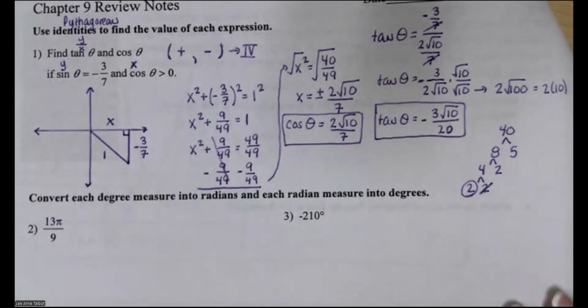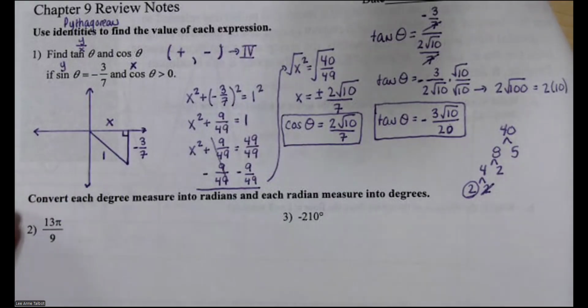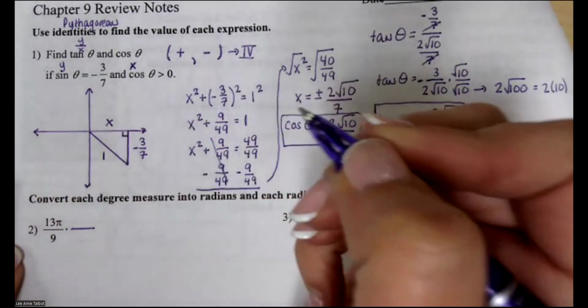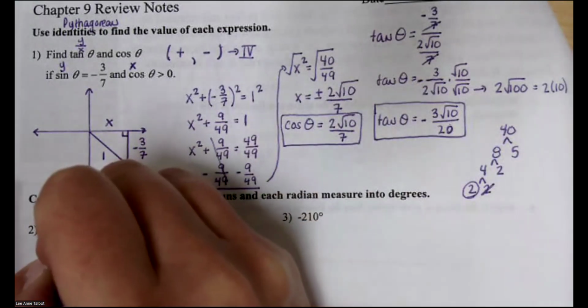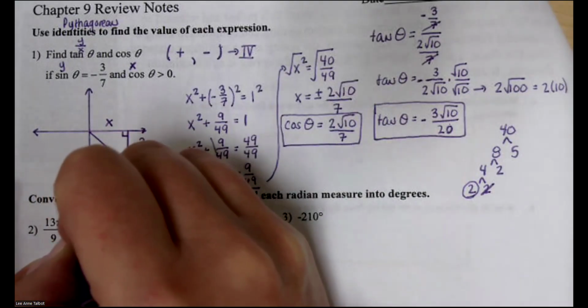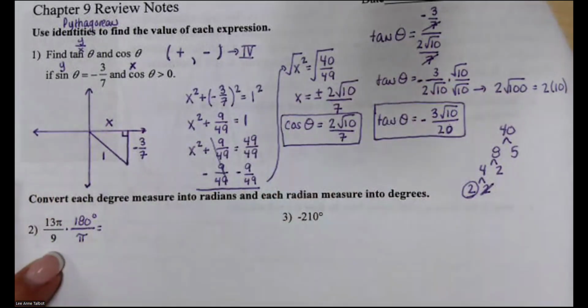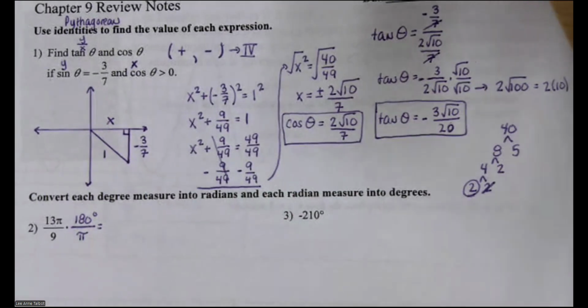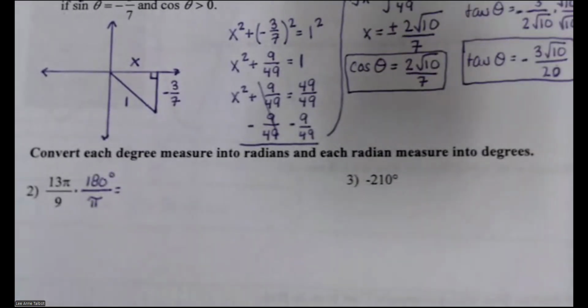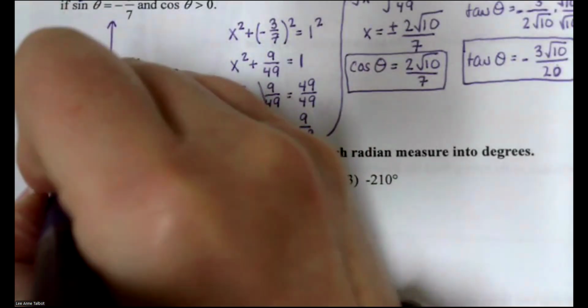Okay, number 2, convert each degree measure to radians and each radian measure to degrees. Dot line. Pi's on the top. Gonna put pi on the bottom to cancel. 180. Cancel the pi's.